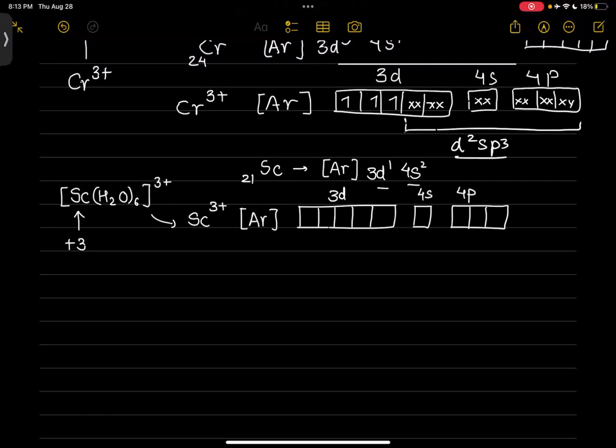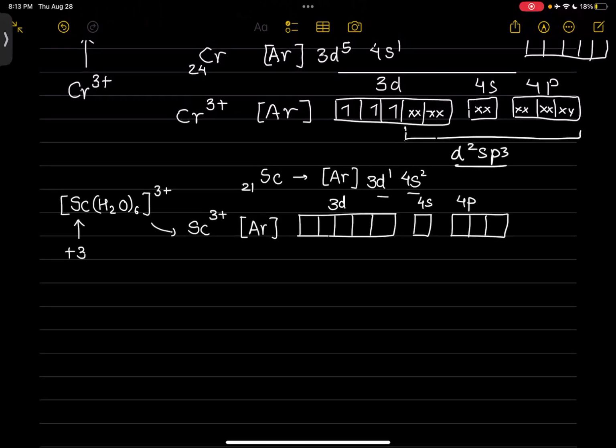Octahedral, exactly. And what should be the hybridization? d2sp3, or it can be sp3d2.